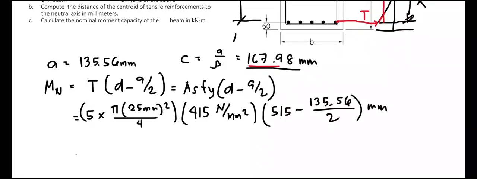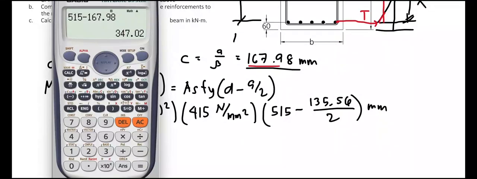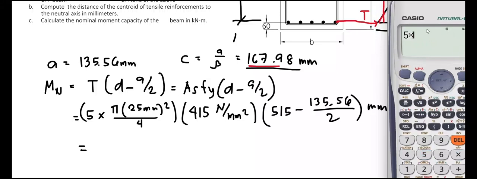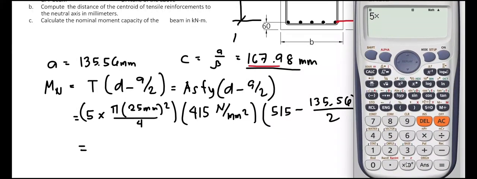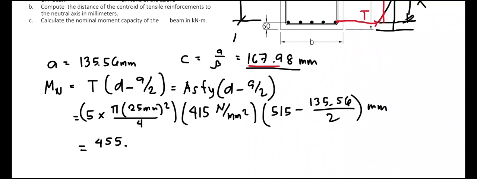Now we'll solve for the nominal moment capacity of the beam. So we have 5 times pi times 25 squared over 4 times 415 times 515 minus 135.56 over 2, with the value that is equal to 455.52 times 10 raised to the 6 Newton millimeters.